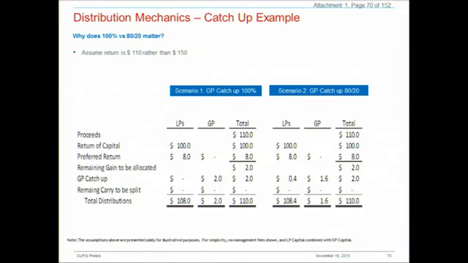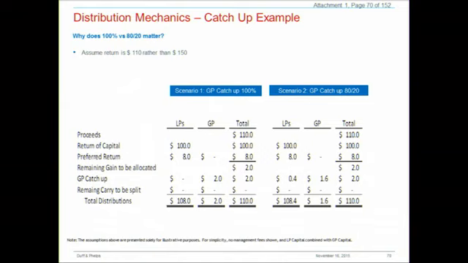So this is the same example, but rather than 150 of proceeds, we only have 110 of proceeds. So again, in the 100% catch-up, the LP gets their 8, the GP gets their 2. The LP's got 108 in total. The GP caught up because of the 100% catch-up, and that's where of the 110 that was allocable, the LP got 108, GP got 2.